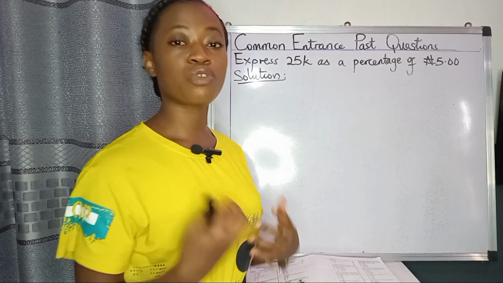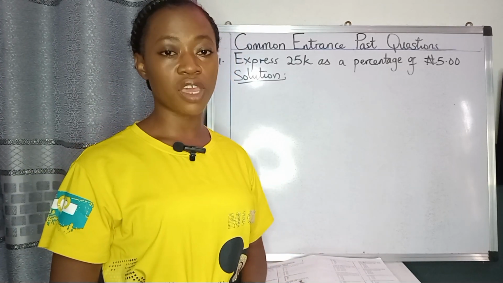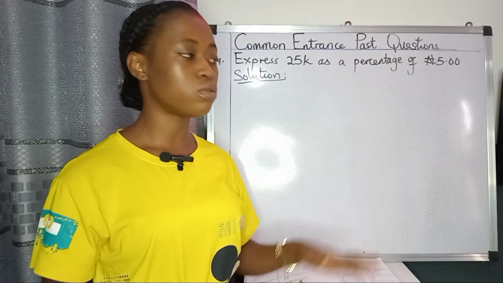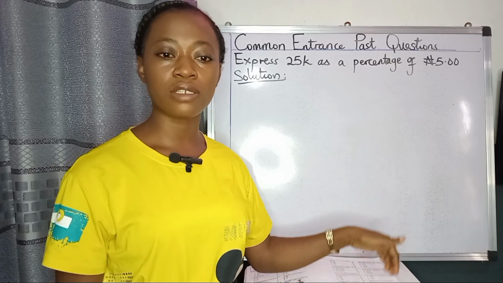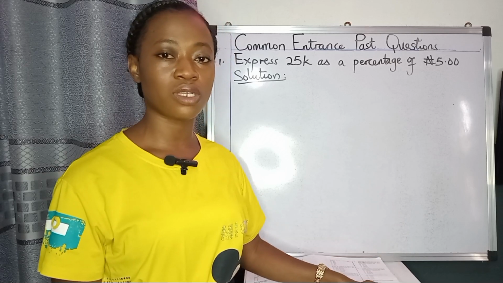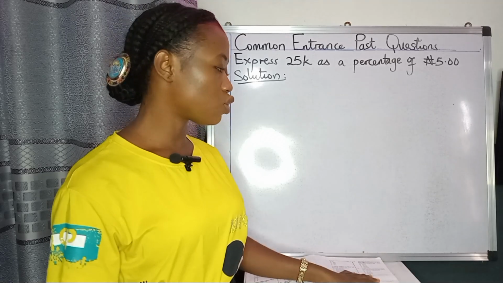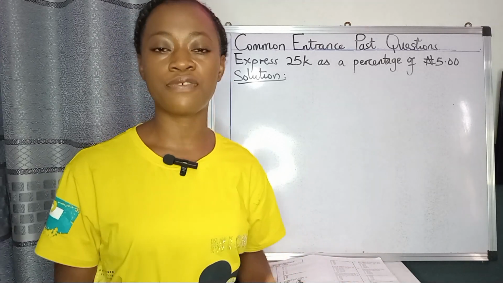So no matter the book your child is using for common entrance, it's okay. The major thing there is for that child to be able to understand the questions, go through the questions, and be able to solve the questions as to prepare for his or her common entrance. All right, so without talking much, let's go into the lessons for today.